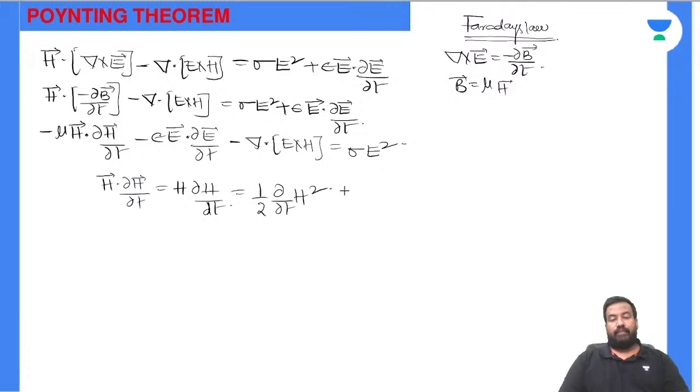Similarly, E dot dou E by dou T can be written as E into dou E by dou T, which can be written as 1 by 2 dou by dou T of E square.